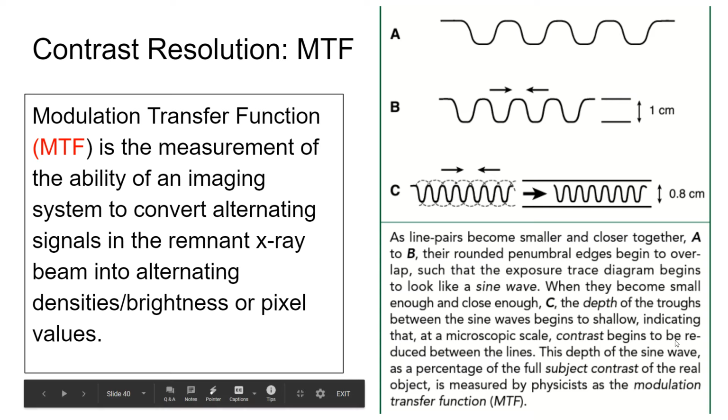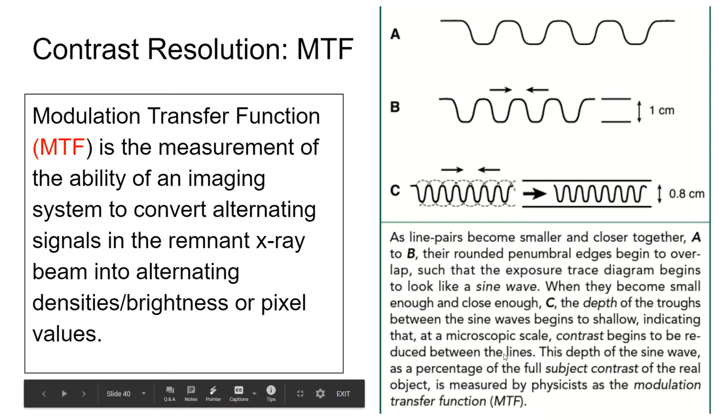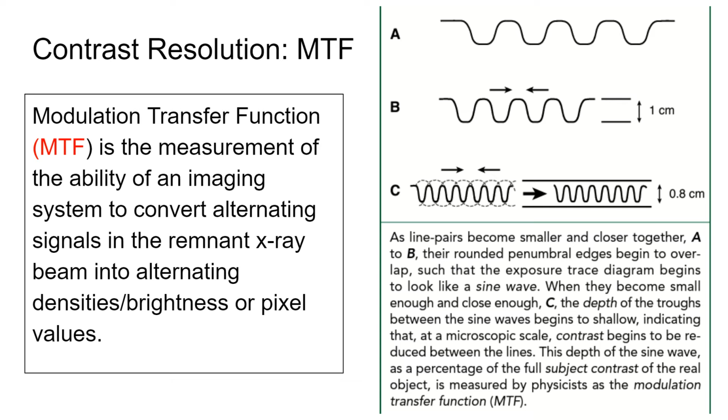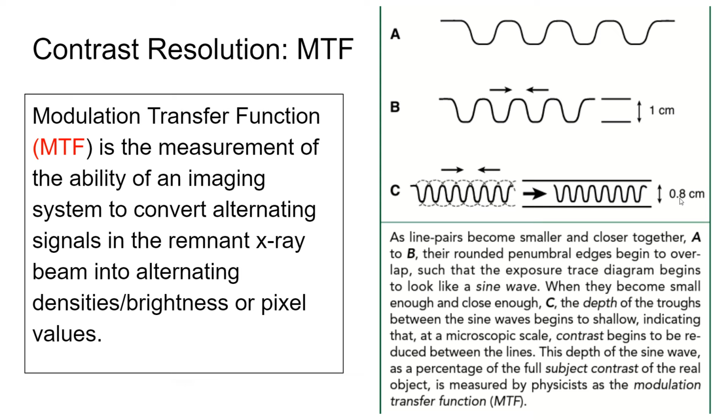So contrast begins to be reduced between the lines, and you are less able to manifest that on an image. So if you see at B, you're looking at, let's say, an object that can be resolved. And the example here is that at 1 centimeter, you can resolve the object, right? But at C, where now you've gotten to an object that is 0.8, a little bit less than a centimeter, you're getting to a point where you can no longer resolve that object in this example.